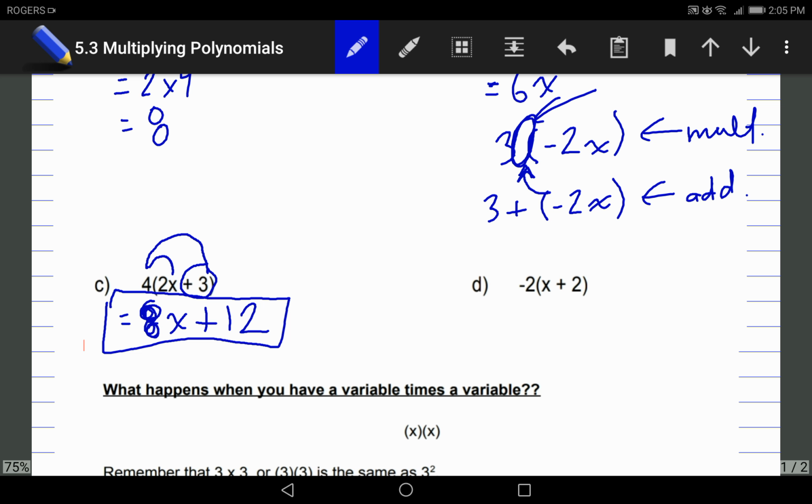Let's look at an identical example, really, except this time we have a negative 2 instead of a positive number out in front. So we actually have a negative number in front. Nothing changes. Now, what number is in front of this x that you don't see? It's a 1. Just remember that.